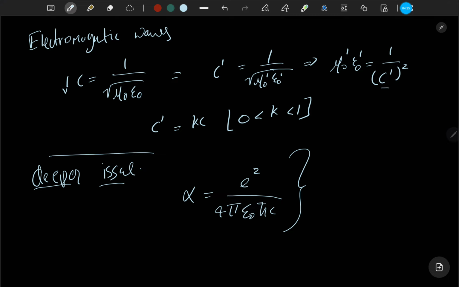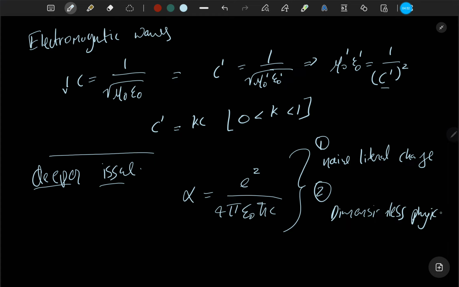One is a naive literal change, and the other one is a dimensionless physics-preserving change, sorry for the bad handwriting.